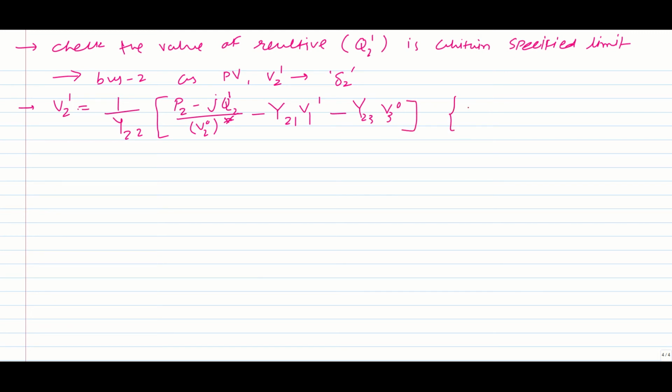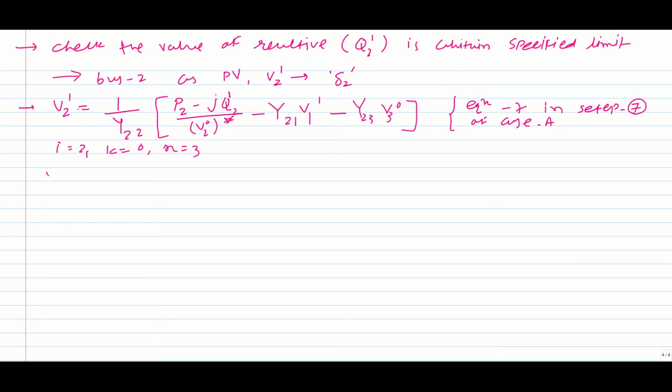If you wish you can write equation number 7 in step number 7 of case A with i equal to 2, k equal to 0 and n equal to 3. So you will get this final equation for voltage at bus number 2.